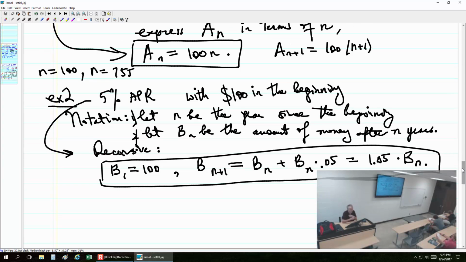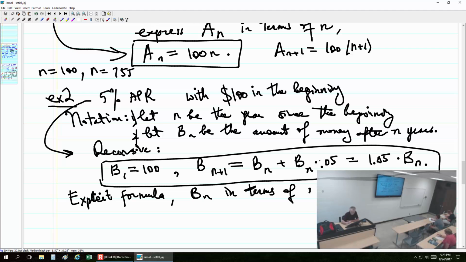Okay, so now we have the same question: what about the explicit formula? In other words, Bn in terms of n.